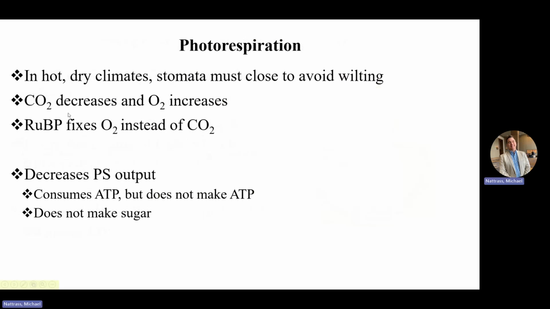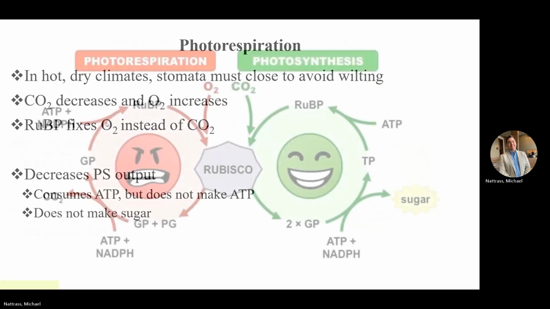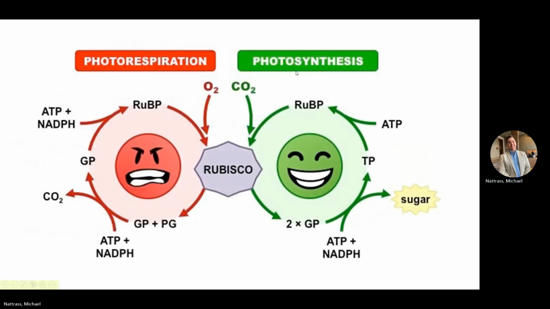If we don't make sugar, that Calvin cycle is basically spinning, performing that process inefficiently. During photorespiration, RuBP will fix oxygen instead of carbon dioxide, which will eventually decrease the photosynthesis output of ATP and sugar. So RuBP is going to fix oxygen instead of carbon. Taking a look at this, it is going to be in the stroma. We will have carbon dioxide that comes into photosynthesis as part of the Calvin cycle.